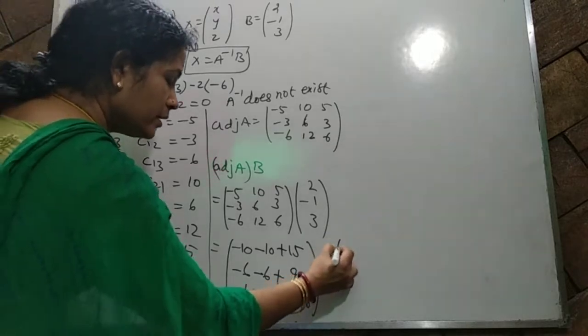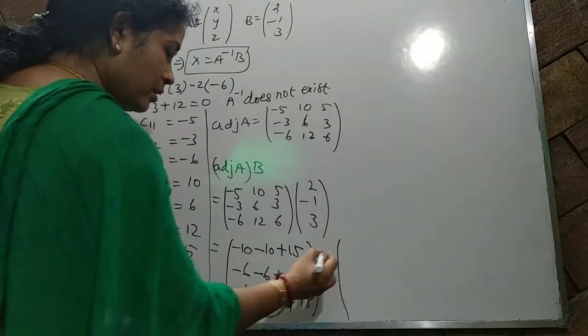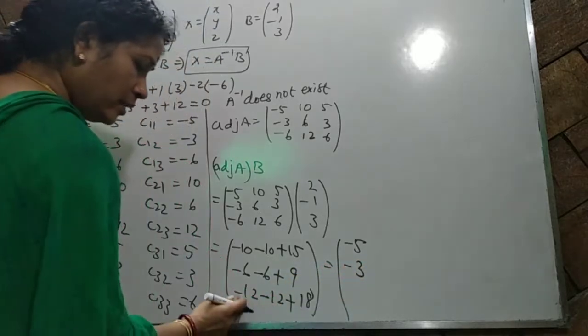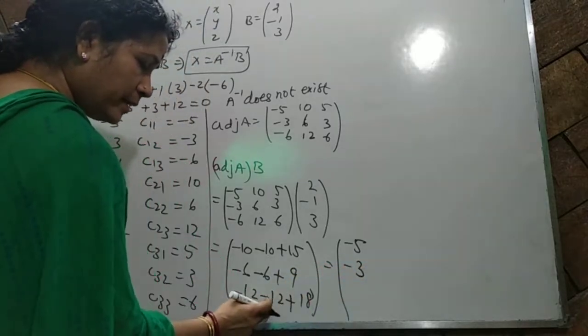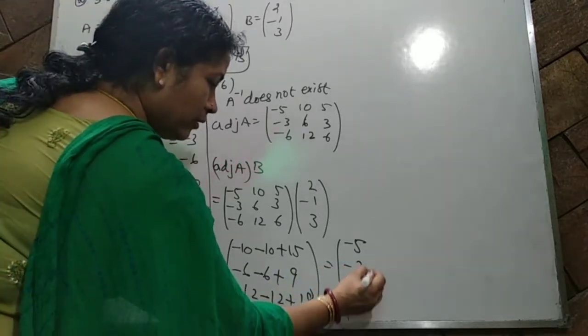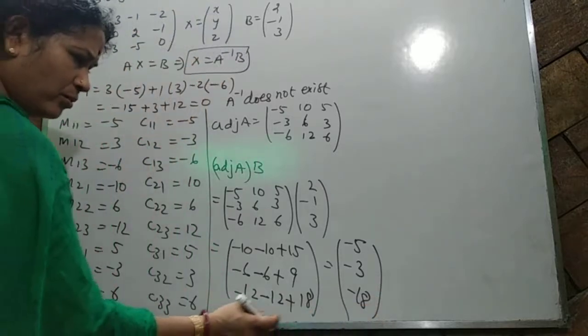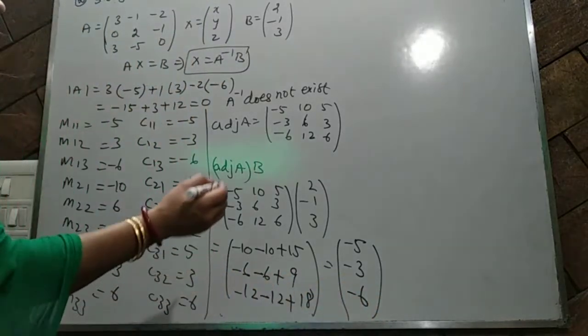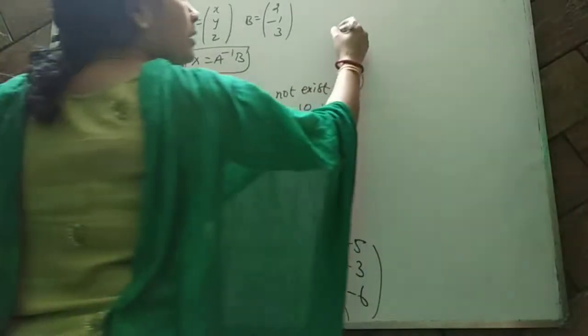So we are getting minus 5, then 12 minus 3, and then 6, minus 18. Okay, fine. Minus 18? No, minus 6. Anyhow, now see beta the result we are getting.